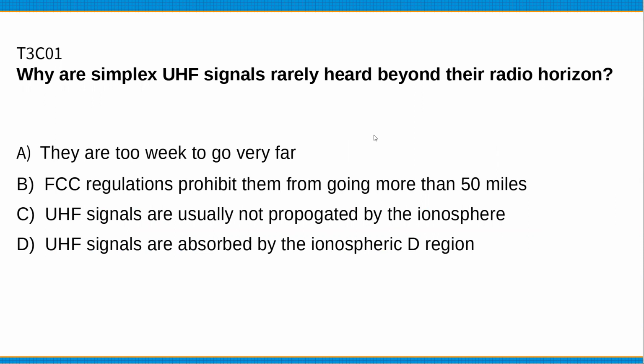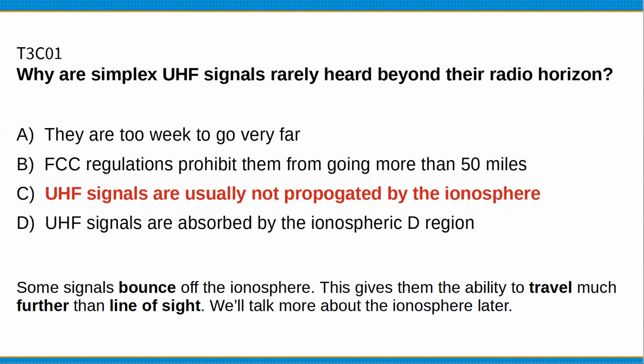The reason they say rarely is because sometimes you do get a reflection or tropospheric conditions will make the radio wave go around. Usually not propagating. There's always exceptions to everything.